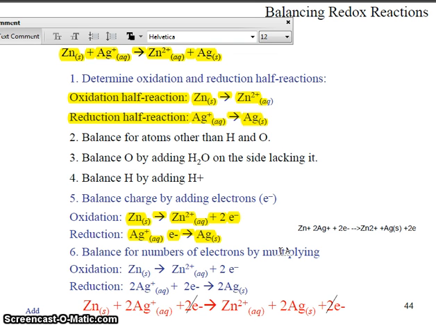And so hopefully you realize that the 2 electrons on the left side are going to get cancelled with the 2 electrons on the right, and what remains is Zn plus 2 Ag+, giving you Zn2+ and 2 Ag. That will be your final balanced redox reaction.